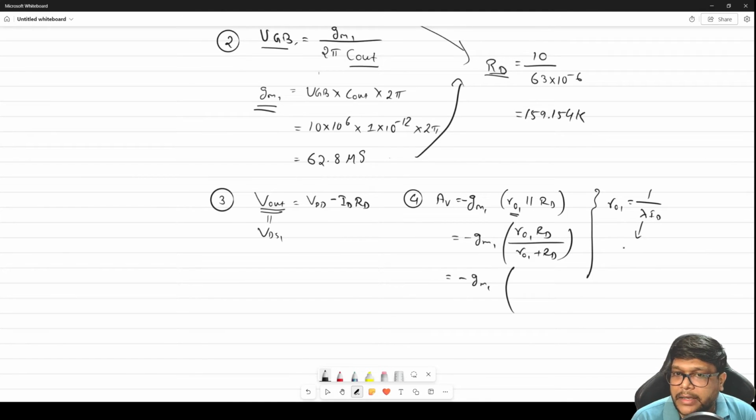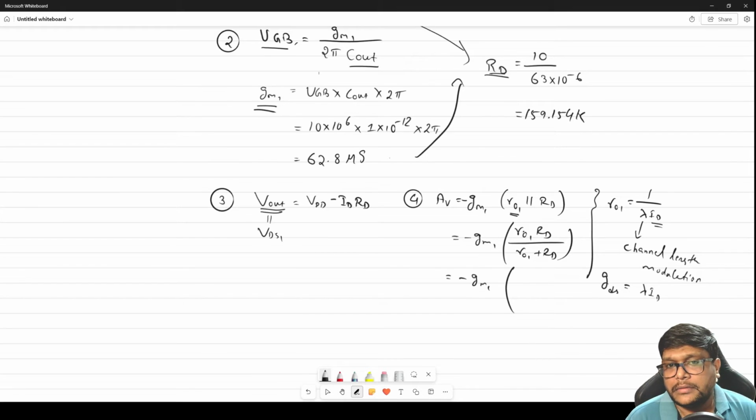Lambda is the factor for channel length modulation, and ID is the current. Similarly, we can write that gds, the transconductance between drain and source, is equal to lambda ID. So simply gds is 1 by ro. So I can replace ro1 with gds.